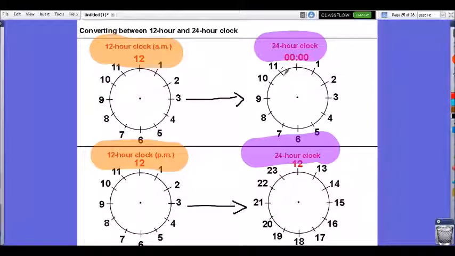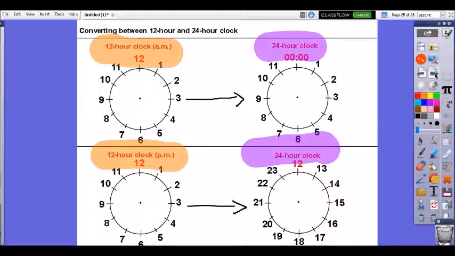If it's 11 o'clock, then it's just 11 AM. But if it's more than 12, for example 13, 15, 16, 17, you just need to take away 12 to convert it back to the 12-hour clock. All right, let's practice this more. If it is confusing, it's going to be clearer when we start practicing.